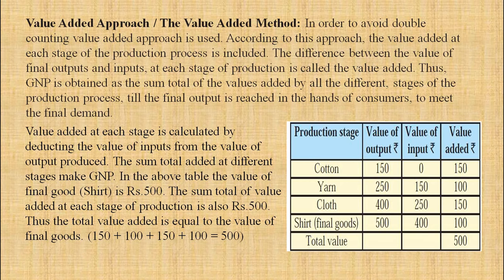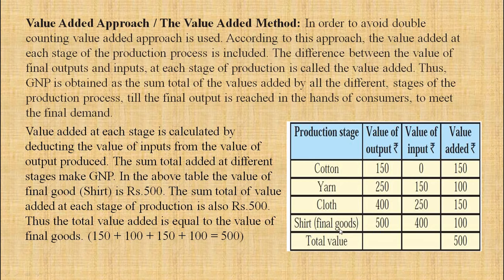Value added at each stage is calculated by deducting the value of inputs from the value of output produced. The sum total added at different stages make GNP. In the table, the value of final goods, for example, is 500 rupees. We have taken shirt as an example.